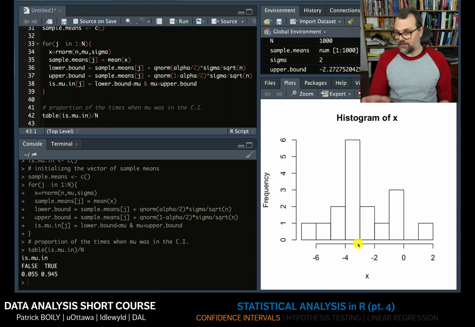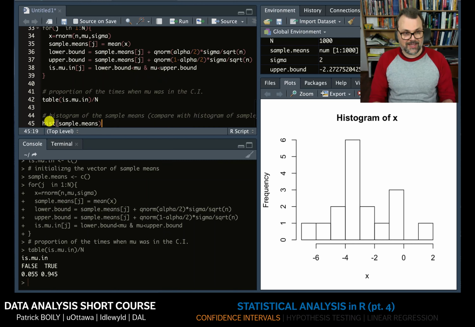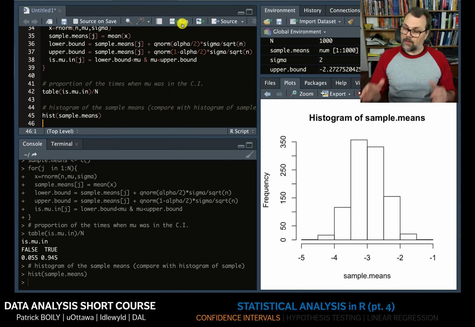Not that far, because the standard deviation is 2, and you would expect about 95% of the observations to be between -5 and 1, the mean plus or minus twice the standard deviation, so that's not completely surprising. Now let's take a look at the histogram of the actual sample means, one for each of the iterations that I ran. Oh, and I get a much tighter histogram. See the frequency count here, I'm talking about fairly large numbers. So I get something that almost looks normal.